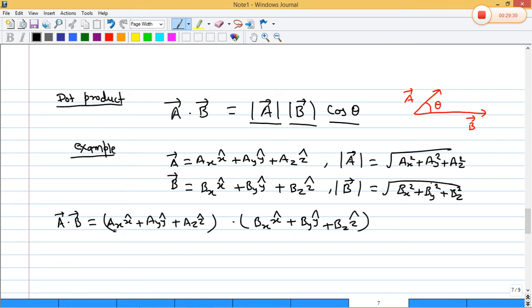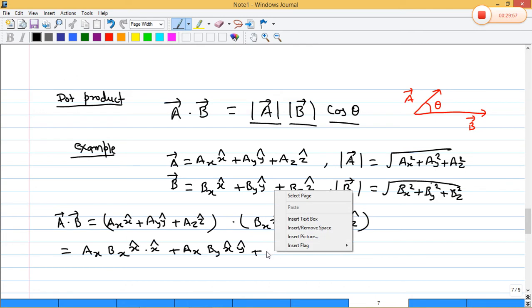Now the first term, ax, is multiplied by all three, so we get ax bx, and this unit vector also we have to write, so x cap into x cap, clear, plus ax by x cap y cap plus ax bz x cap z cap.